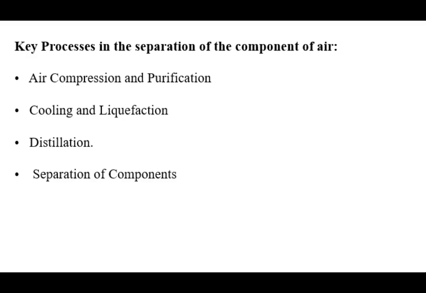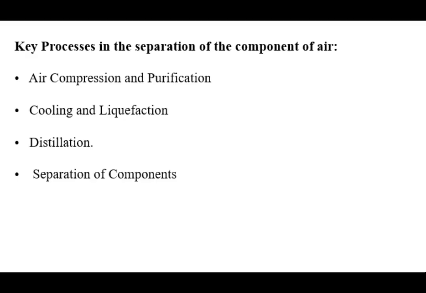7.4.1 Key processes in separation of the components of air. 1. Air compression and purification. The first step in air separation is to compress and purify the air to remove impurities such as dust, water vapor, and carbon dioxide. This is essential to prevent contamination and ensure efficient separation. 2.